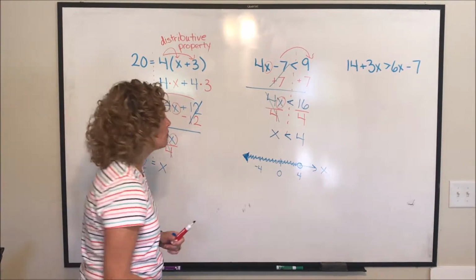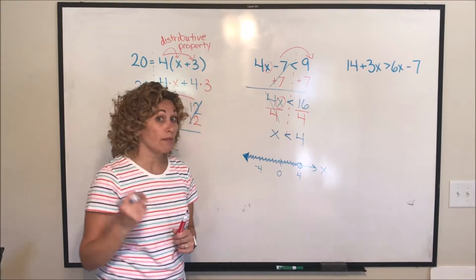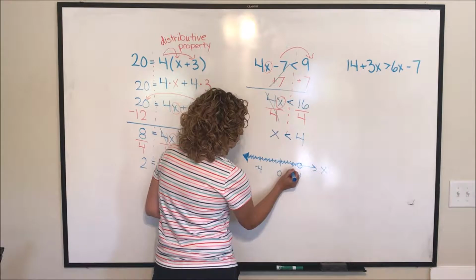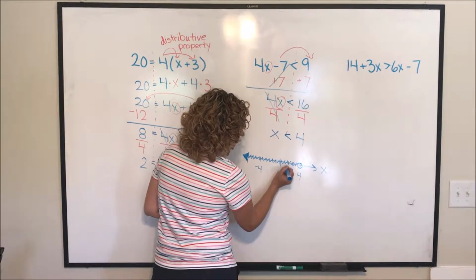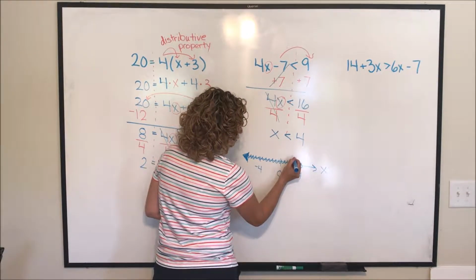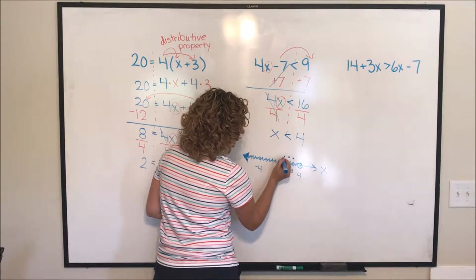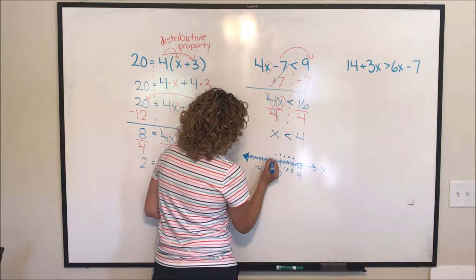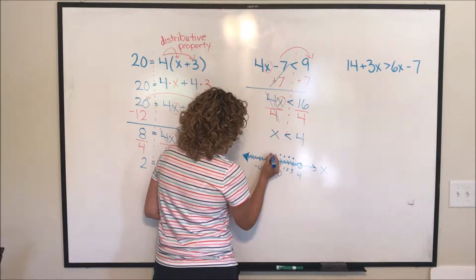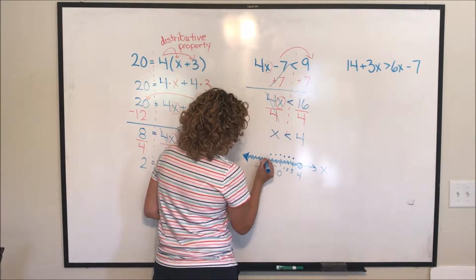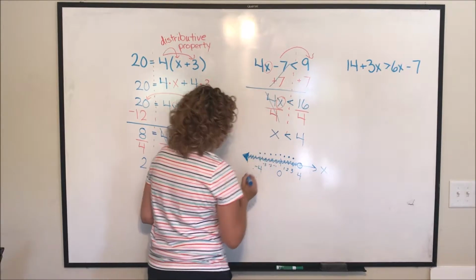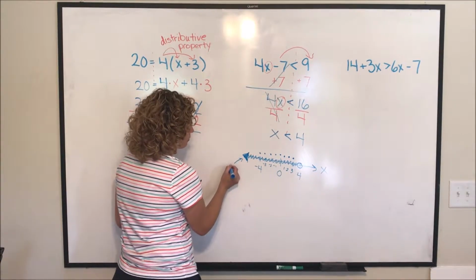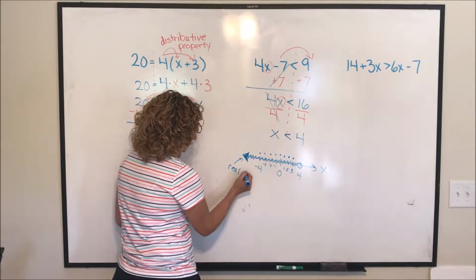If I had given you this assignment and said graph using integers, integers would be numbers such as 3, 2, 1, and you would instead put a dot, 0, -1, -2, -3, and so on and so forth. This answer solution is the real numbers, all the numbers.